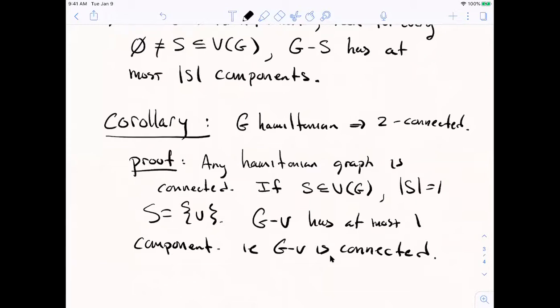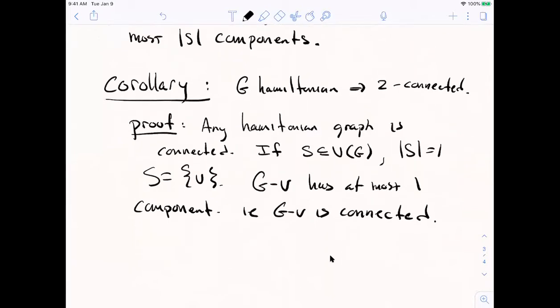We can pull it out and the resulting graph is still connected. So v is not a cut vertex. You cannot disconnect this connected graph by removing a single vertex. So that means that the vertex connectivity of this graph is at least 2. And Kyle, I think I'm actually finally answering your question, because I don't know what the vertex connectivity is. It might be bigger, but I still want to say, therefore, G is 2 connected.